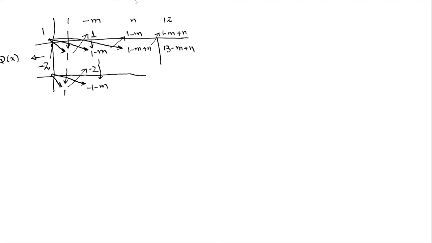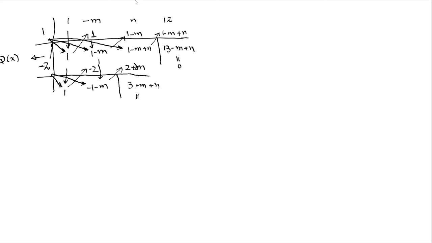So minus 2 multiplied with minus 1 is 2. Minus 2 multiplied with minus m is plus m. Perform addition of these two, which is 3. Sorry, this is 2 plus m. Plus n. So for the first factor, this is the remainder which will be equal to 0.